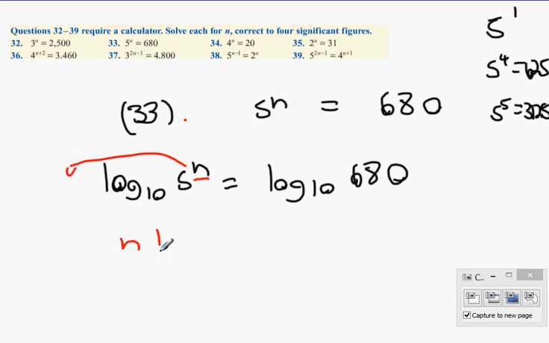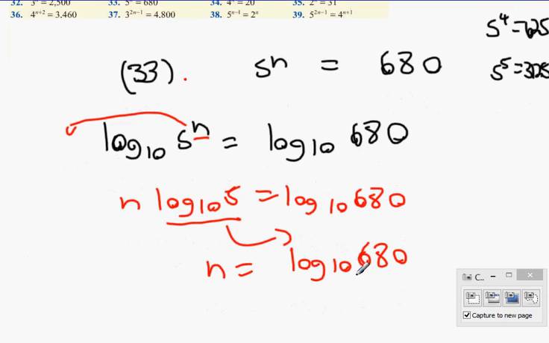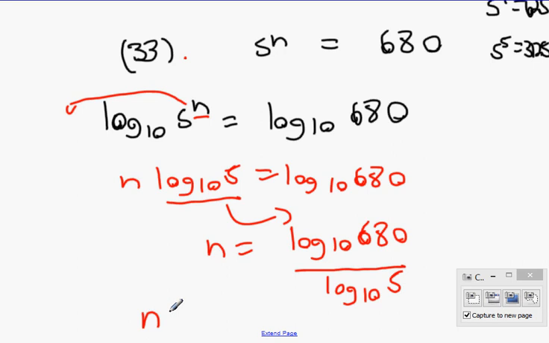The n goes to the front, so we get n log 5 to the base 10 equals log 680 to the base 10. Bring the log 5 underneath, and use your calculator to calculate log 680 divided by log 5. You don't even need to put the base 10 in, it's automatically there. What is it? It should be somewhere between 4 and 5.